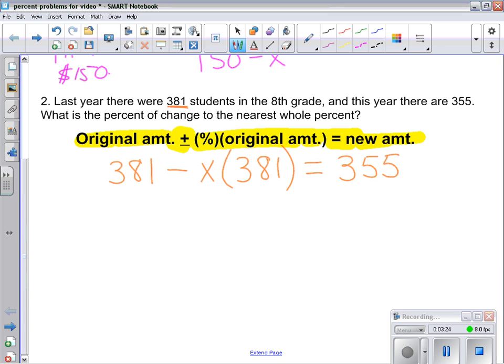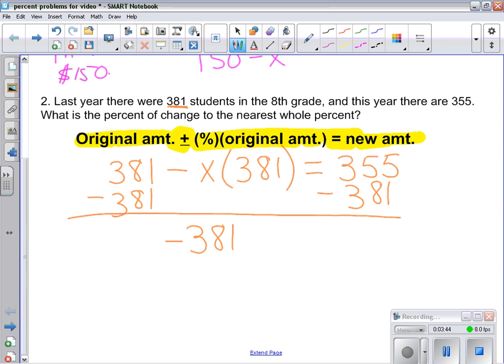So we're going to subtract our 381 from both sides. And right here it says negative x times 381, but I know we've said before that we like the coefficient in the front, so I'm just going to say that this is a negative 381x, and that equals a negative 26.